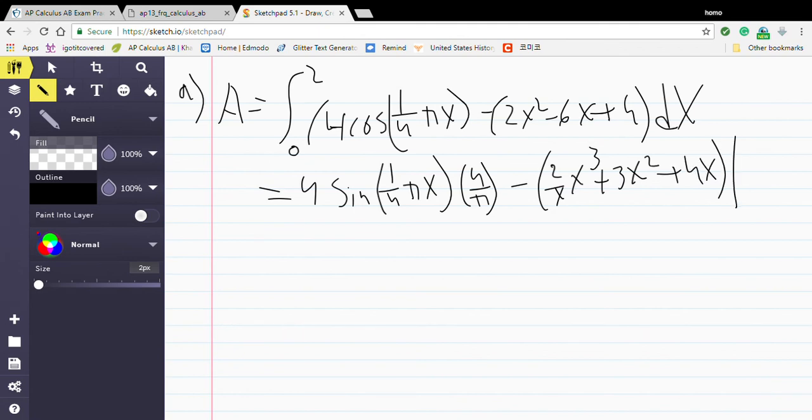So here we have our antiderivative, and now we're going to plug it in. We know that once we plug in 0, it's just going to be 0.